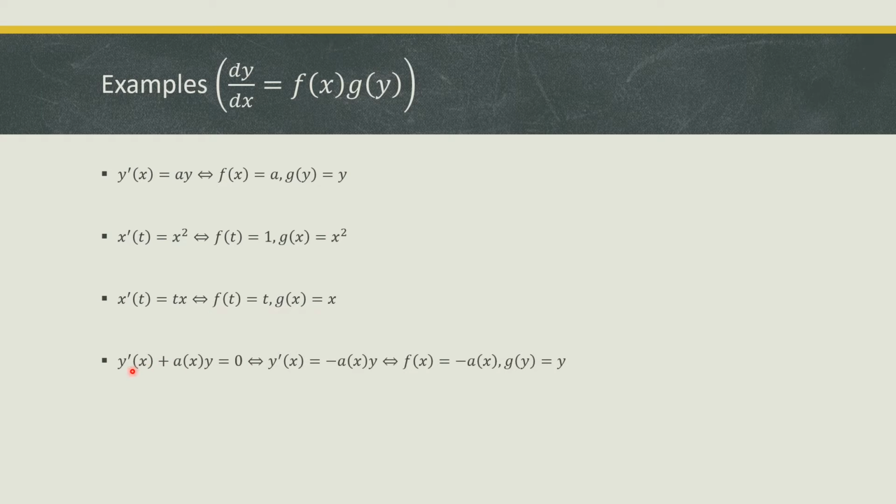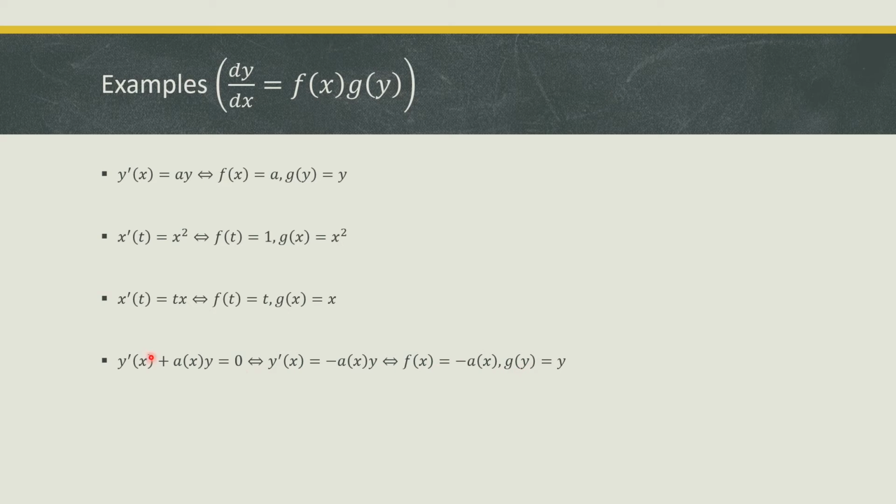Then here we have a slightly different example. We have y prime plus a of x, y equals 0. Now we want the derivative to be on one side, so if we do some algebra we can put it into this form: y prime equals minus a of x, y. Now we can separate this expression into f of x, where in this case we choose f of x equals minus a of x, and y would be our g of y.